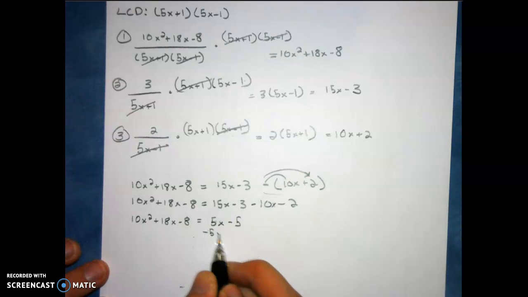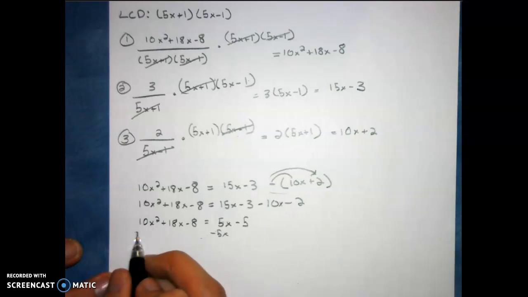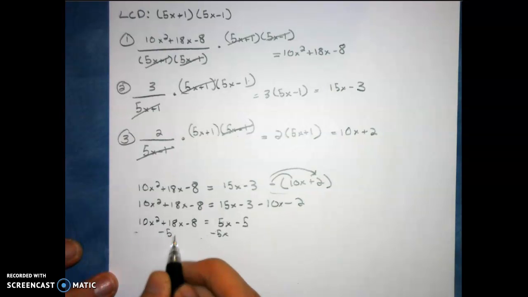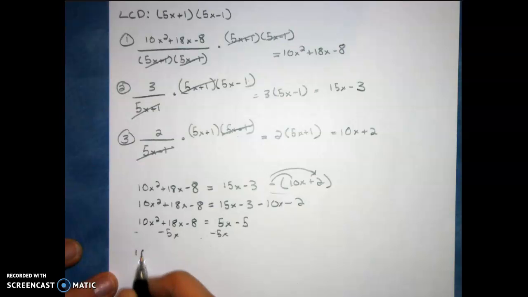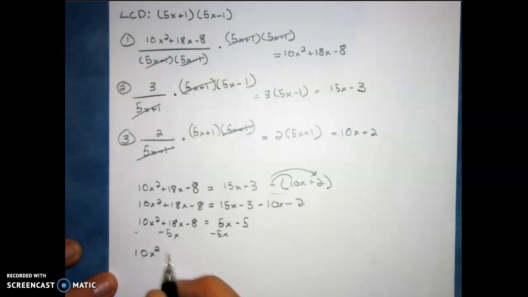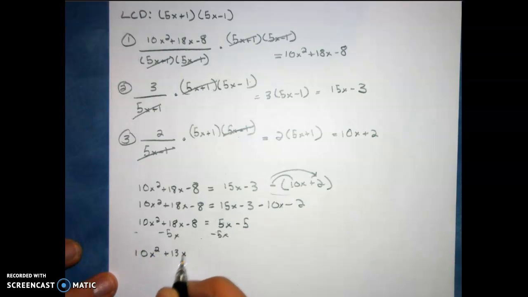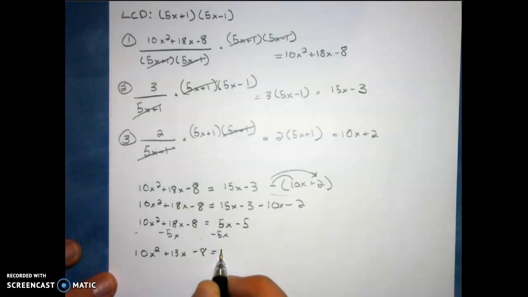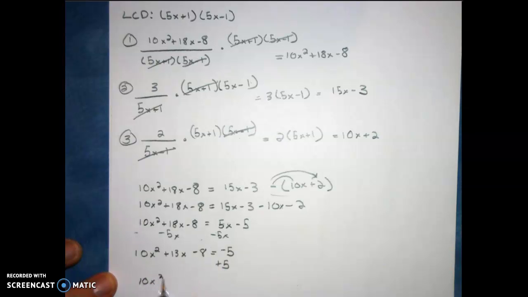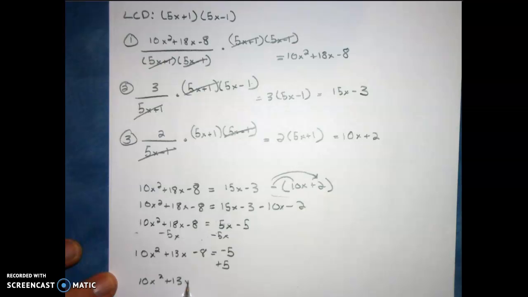I'm going to start with the 5x. So then we have 10x squared plus 13x minus 8 is equal to negative 5. Add this 5 over. So 10x squared plus 13x minus 3 is equal to 0.